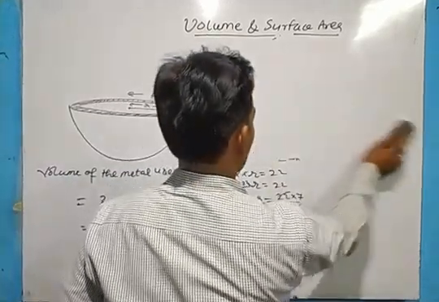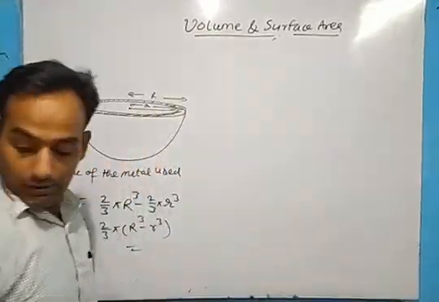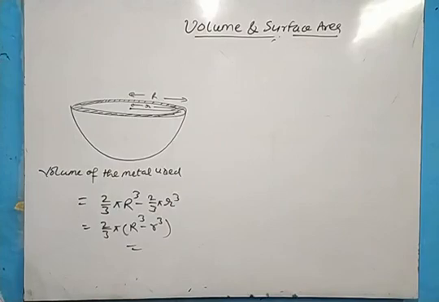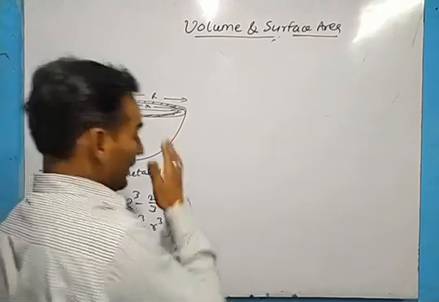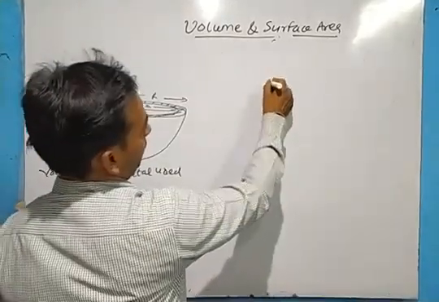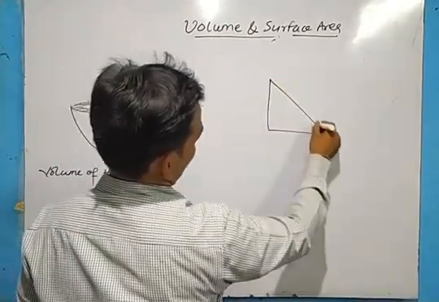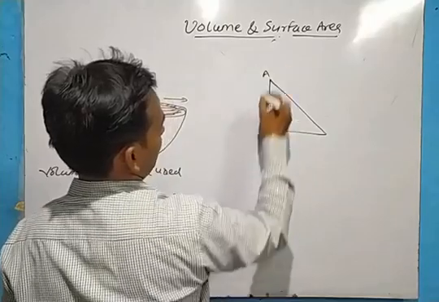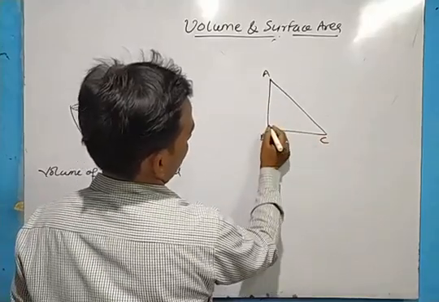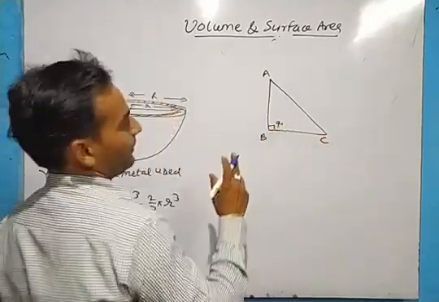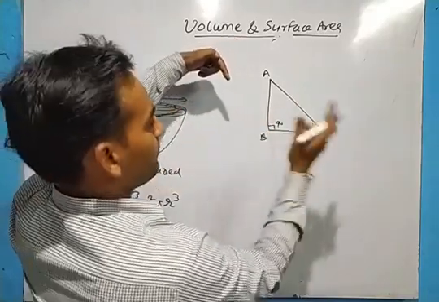Now, some questions are there in the case of triangles. Triangle means what? If we revolve the triangle, what will we get? If a right angle triangle ABC is there, and this is 90 degrees, and we revolve this triangle, what will we get?